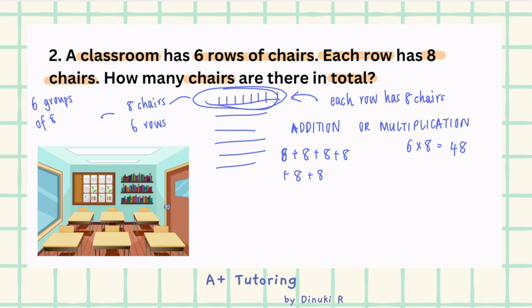Remember, it's 6 groups of 8. So 1, 2, 3, 4, 5, 6. We've got 6 8s there. 8 plus 8 is 16. We've got another group of 8 plus 8, so it's 16. Another group here. So it's 16 plus 16 plus 16, which you can write down like this.